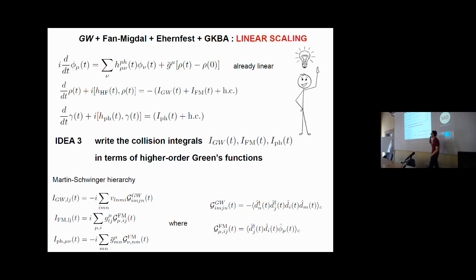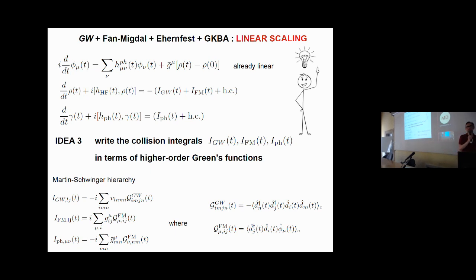So in practice, you write the GW collision integral in terms of this calligraphic G, which is a two-particle Green's function, and you write the Fan-Migdal and the phonon collision in terms of another higher order Green's function, which is a polaronic Green's function.